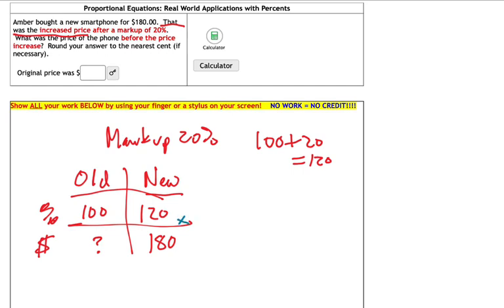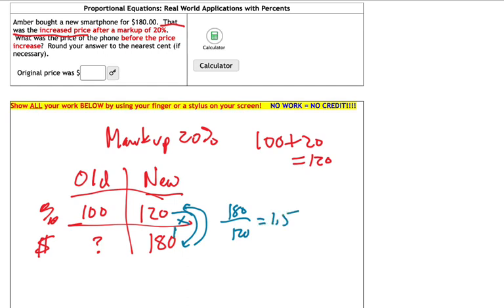So we're trying to figure out what we're multiplying 120 by to make 180. If you can't figure it out in your head, then you work backwards. 180 divided by 120. And that is 1.5.